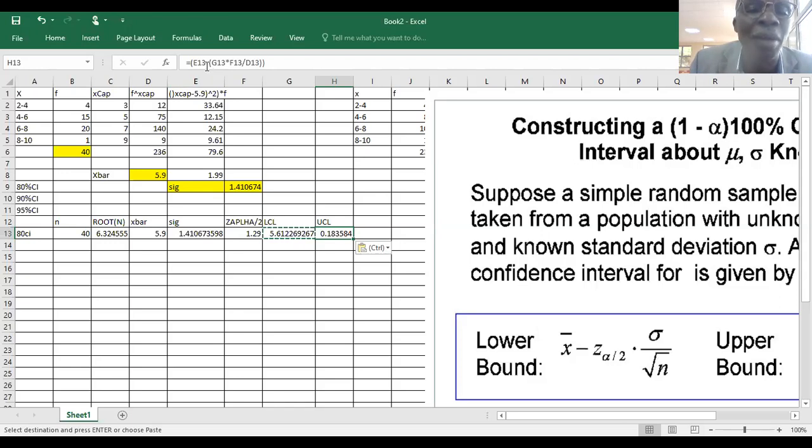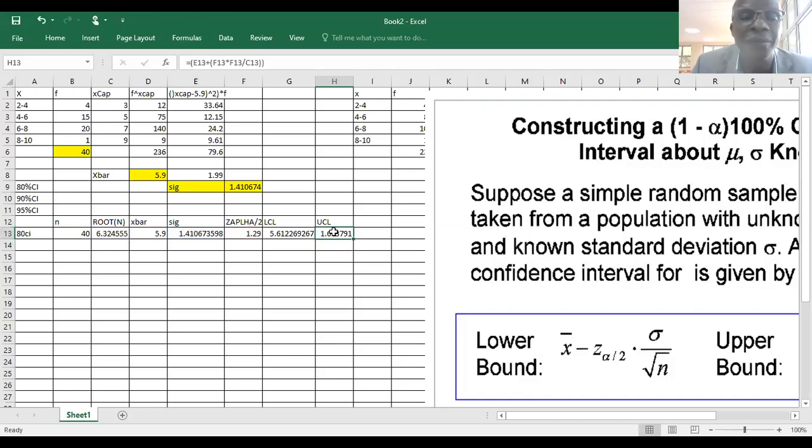So it is X bar, which is this one here, minus Z alpha over 2, which is this one here, times sigma, which is this one here, divided by root n, that one there. But now it is not minus, but a plus.